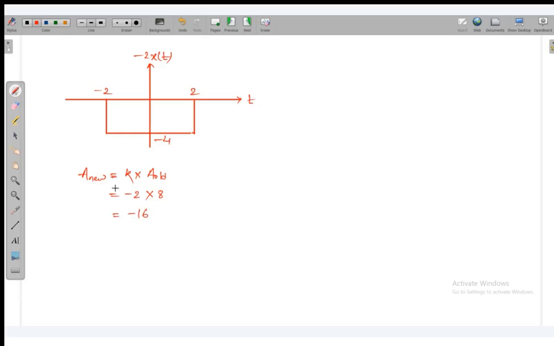Now can area be negative? You will say no, definitely not. This negative sign indicates that the graph will be below the time axis.